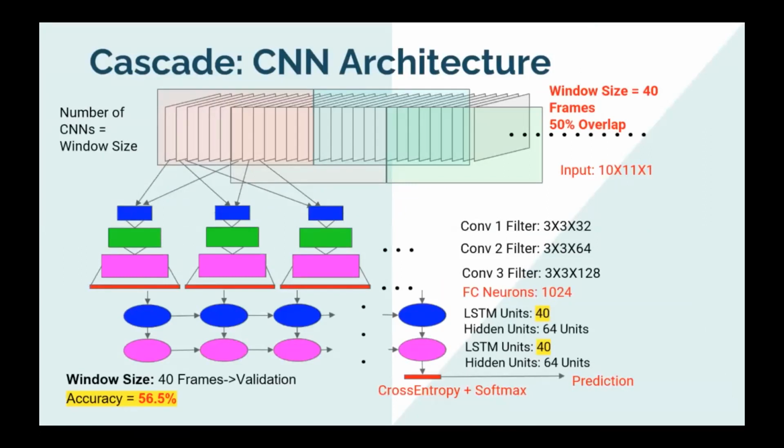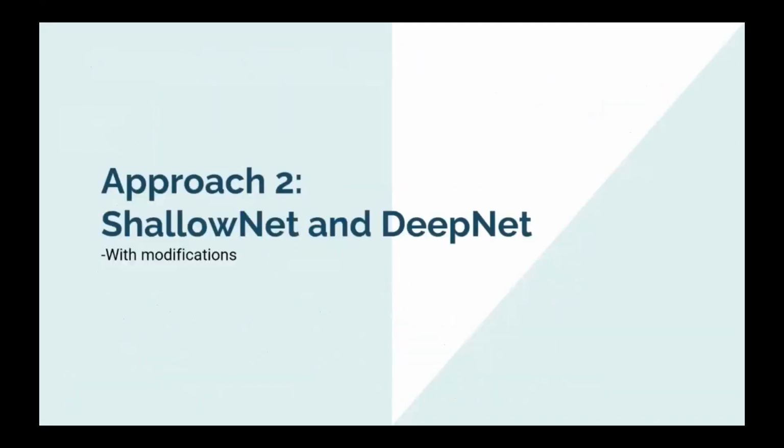Then the signal is sliced into windows and inserted into convolution layers with doubling depths 32, 64, and 128. Then the outputs from the CNNs are put through 2 LSTM layers to extract temporal features. Then the output of the last LSTM unit is inserted into a softmax layer to make a prediction. The accuracy of this model was found to be only 56.5%.